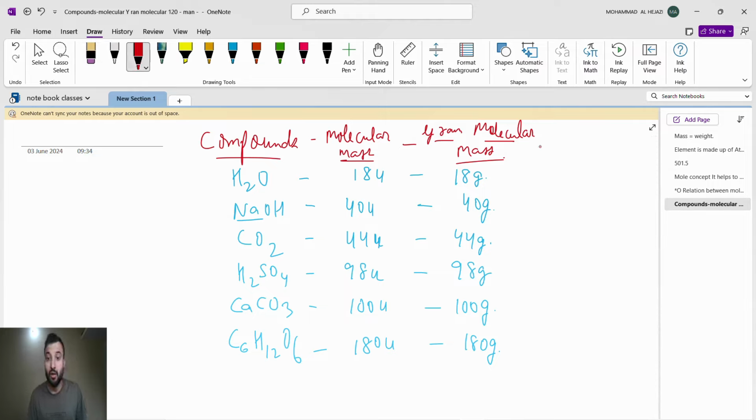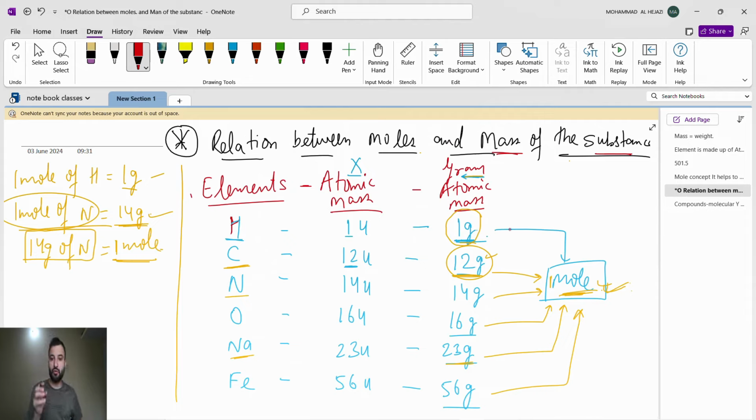So guys, same thing again. See what we know here. If you are finding the gram atomic mass for one element, that is 1 mole. Like 1 mole of nitrogen, 14 gram. 1 mole of oxygen means we will see the atomic mass of oxygen. Atomic mass of oxygen is 16.